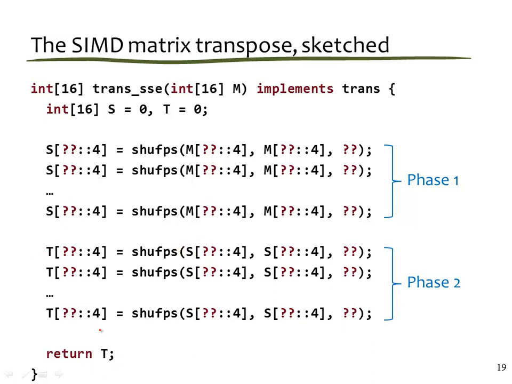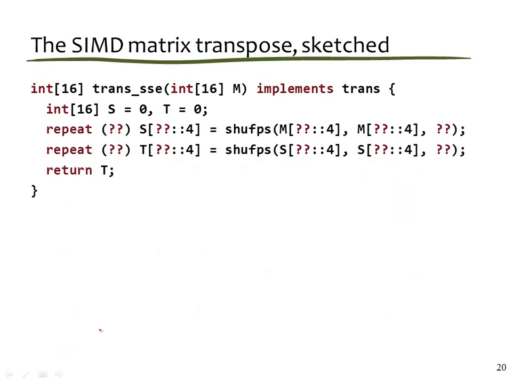Of course, he doesn't have to write it by cut and paste. Instead, there is a construct we call a repeat or loop, which lets the synthesizer decide how many of these instructions are going to be used in each phase. And the synthesizer does it in such a way that even though we make a copy of this statement, each copy will have a fresh hole, so each copy can have a different solution to these holes.